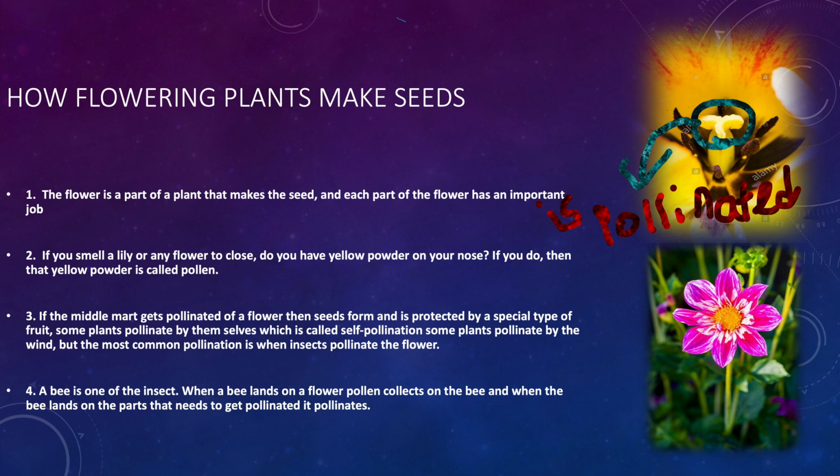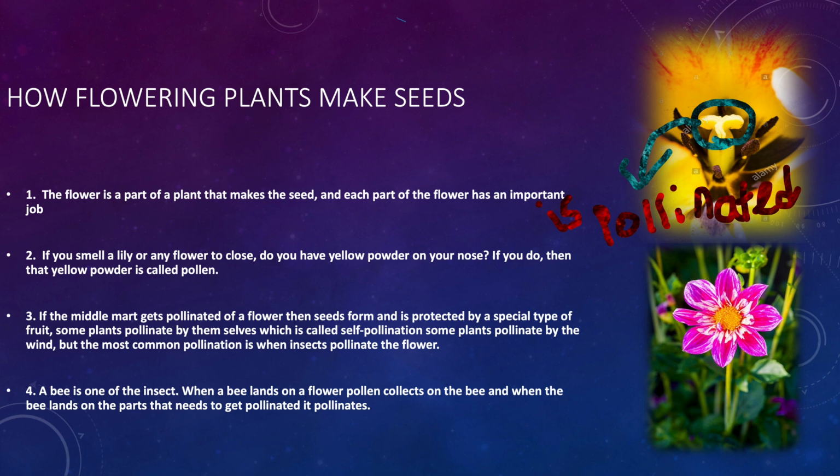If you do, then that yellow powder is called pollen. If the middle part of a flower gets pollinated, then seeds form and are protected by a special type of fruit. Some plants pollinate by themselves, which is called self-pollination.